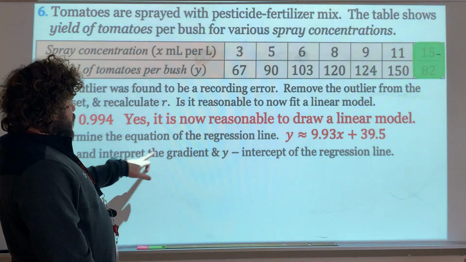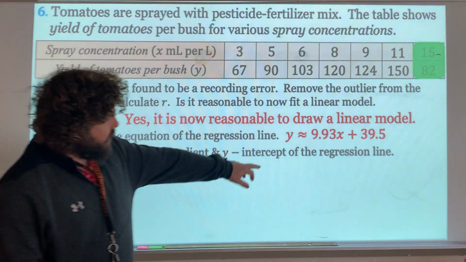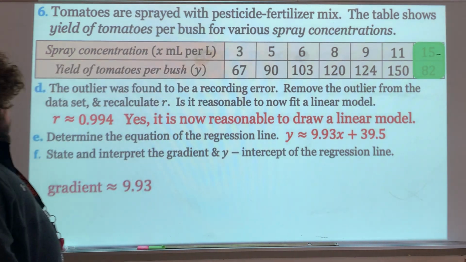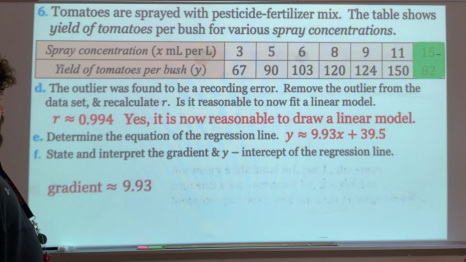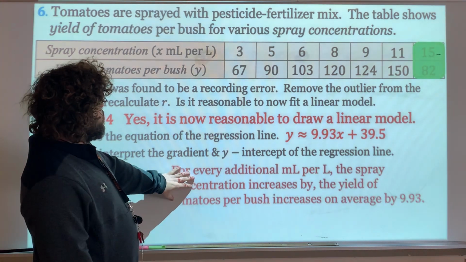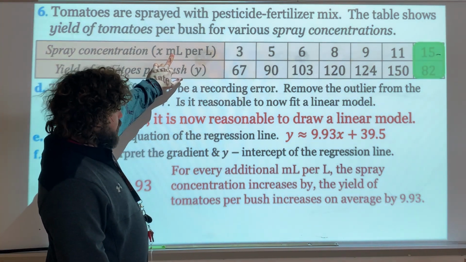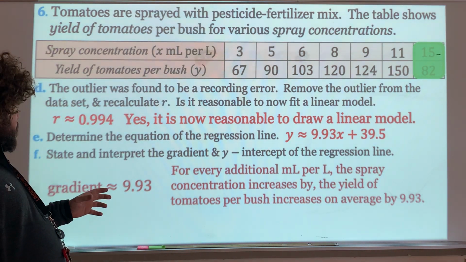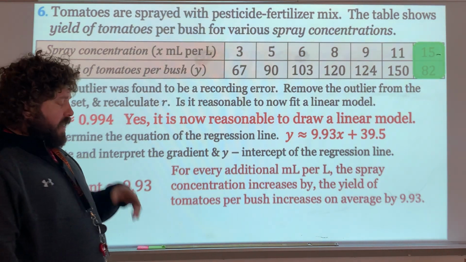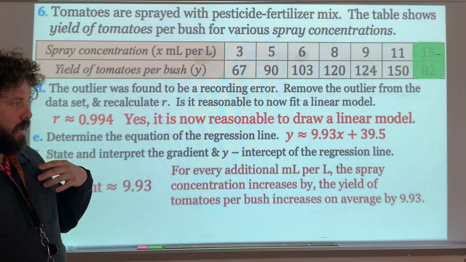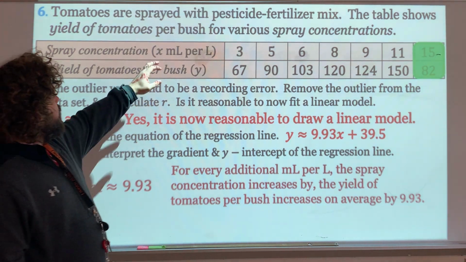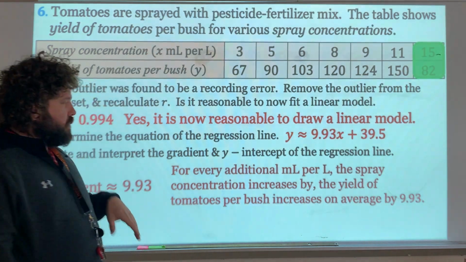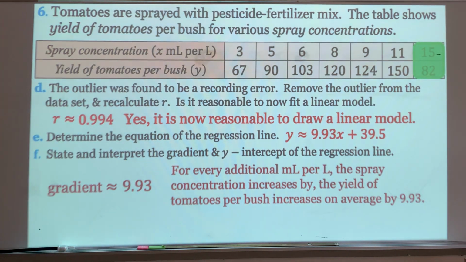State and interpret. What is the gradient? Based on this, your gradient is your slope, 9.93. That means for every additional milliliter per liter of spray, the yield of tomatoes increases by 9.93 bushels. So every little bit of milliliter per liter spray they use, they get an extra about 10 bushels of tomatoes.